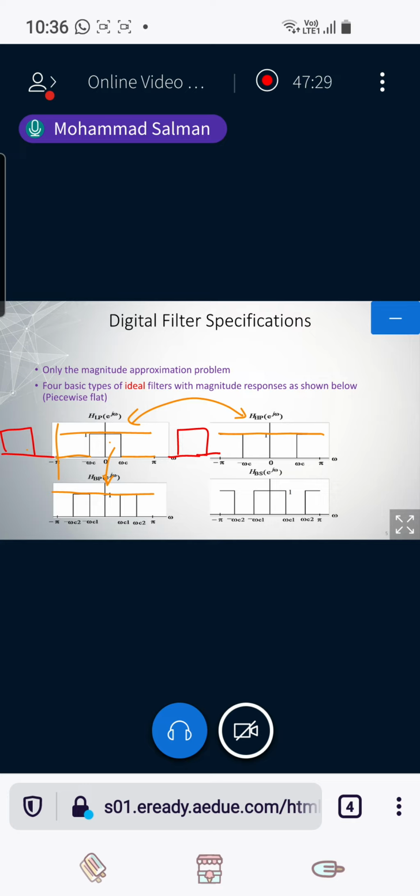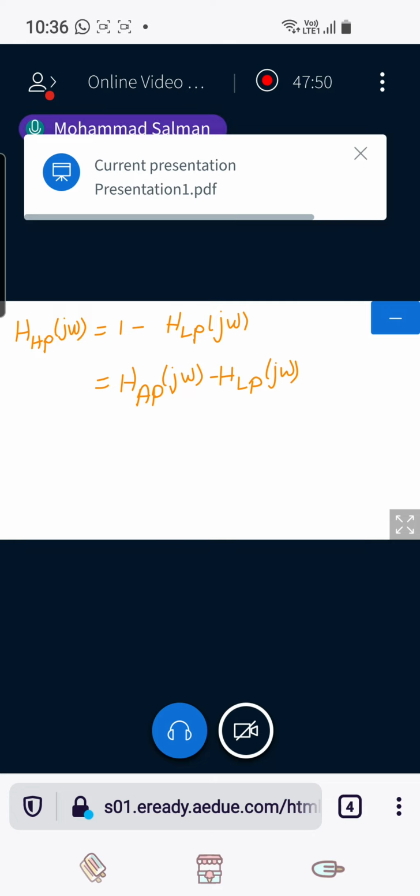Okay, very good. So our target in this course will be learning how to design a digital IIR low pass filter.